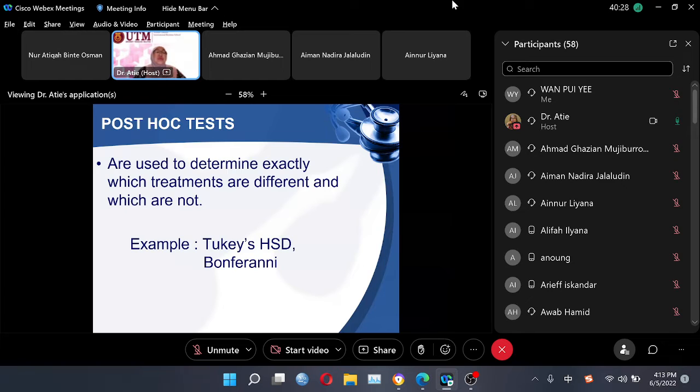I will explain it to you when we do the example. But for my students, I only use two types of tests. There are many different types of post hoc tests, okay, but for my students I will use two.